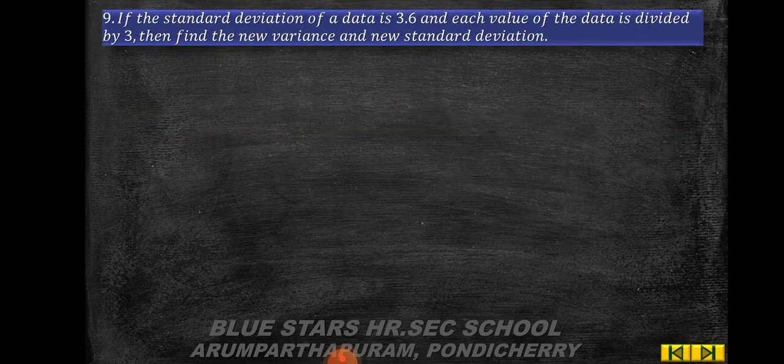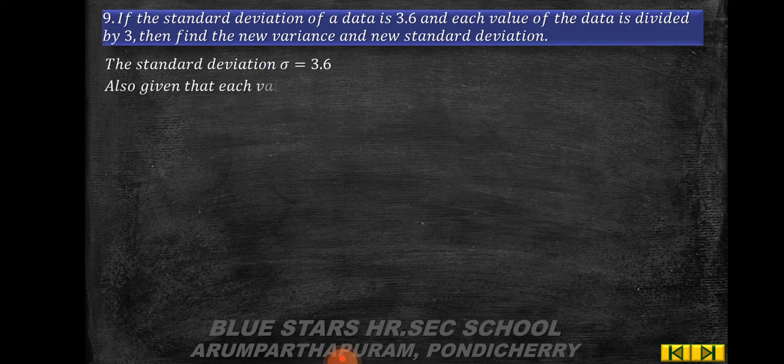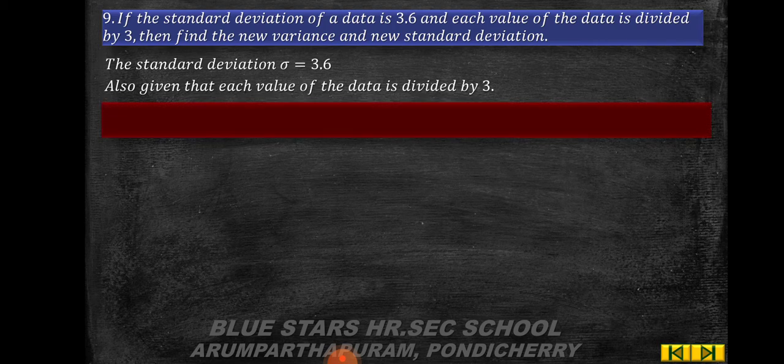Question number 9. If the standard deviation of a data is 3.6 and each value of the data is divided by 3, find the new variance and new standard deviation. The standard deviation sigma is equal to 3.6, also given that each value of the data is divided by 3.